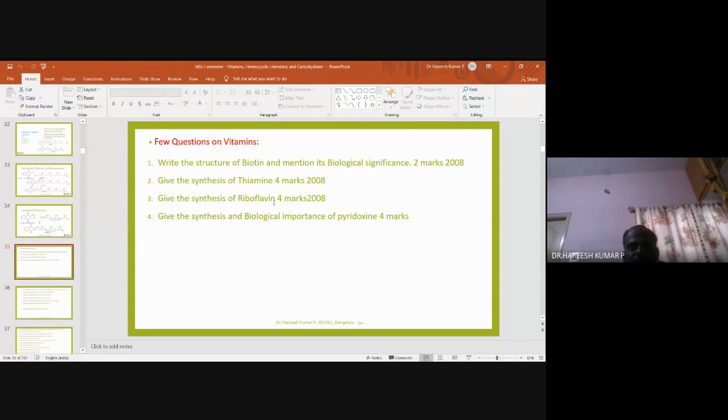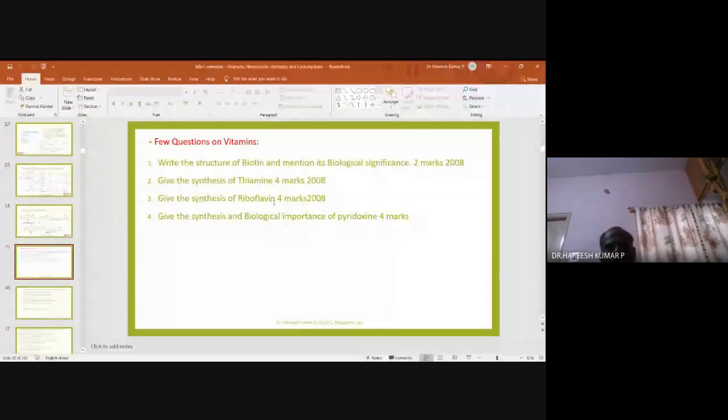Since it is chemistry, and since it is organic chemistry, it is advised to review as and when. Review is required. These are the things you need to remember. Take papers, rough sheets, and write as and when you have time.